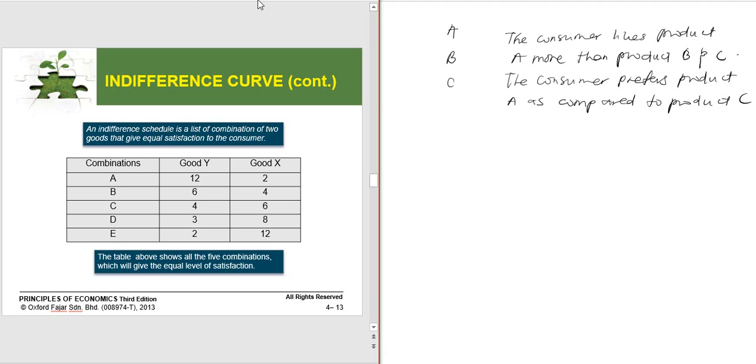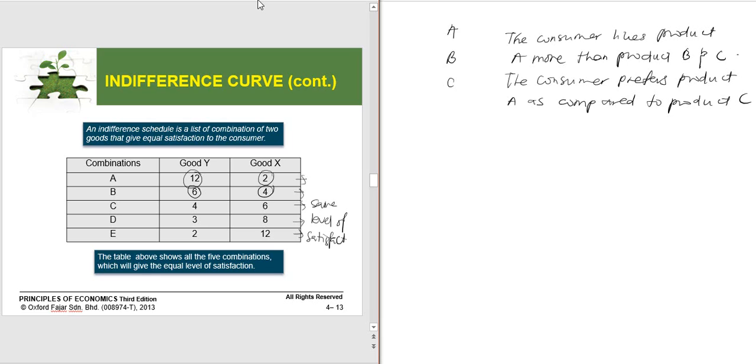For example, if the consumer consumes 12 units of good Y and 2 units of good X, it will give him the same level of satisfaction as consuming 6 units of good Y and 4 units of good X. So these combinations will give the same level of satisfaction.